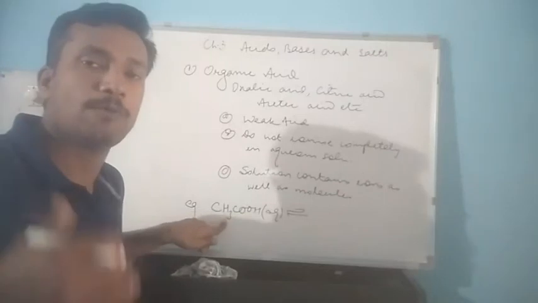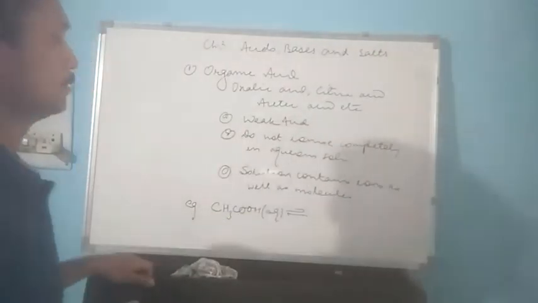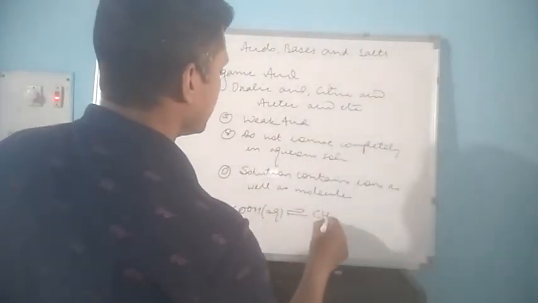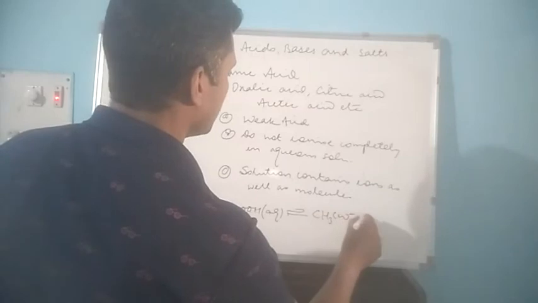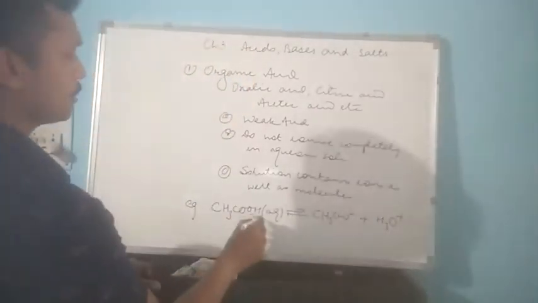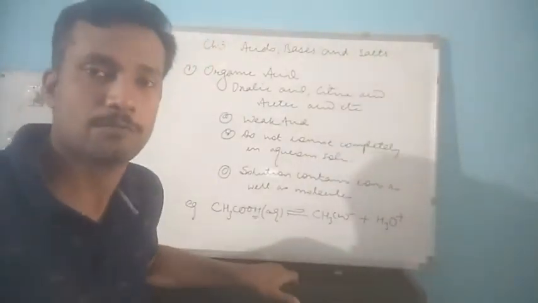That means they will not form any hydronium ion. So it forms CH3COO minus and H3O plus. Because of one replaceable hydrogen atom, it forms only one hydronium ion in the aqueous solution.